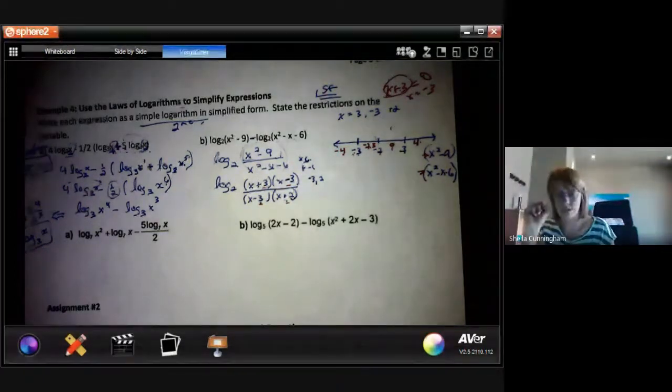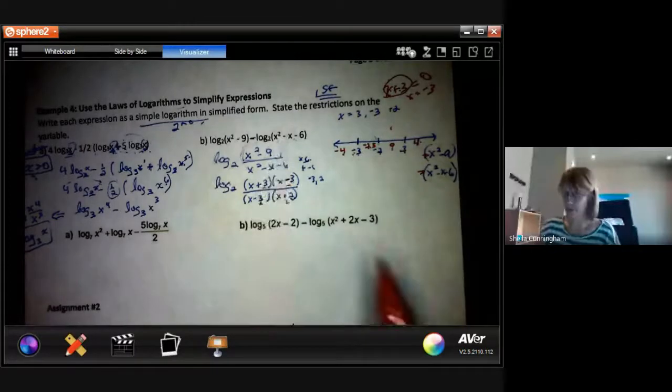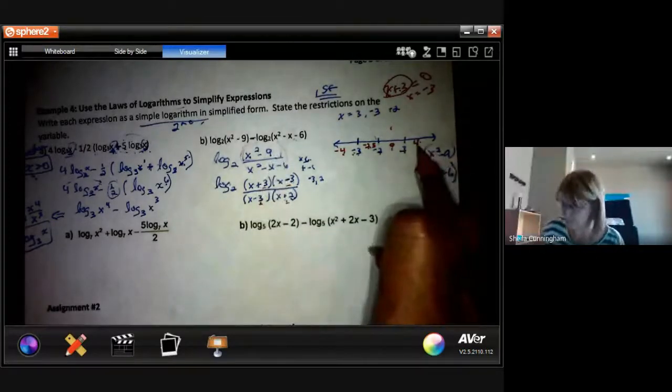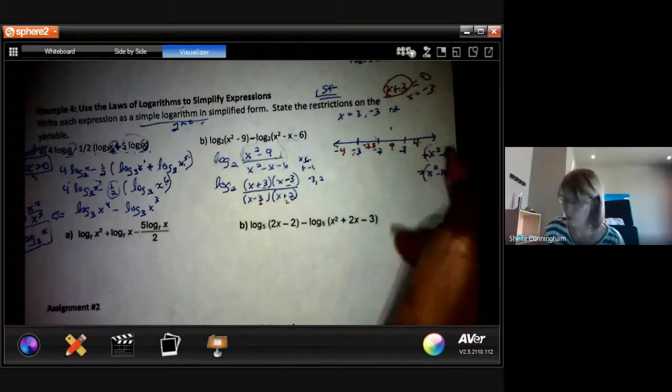So I'm looking for positives, but I'm looking for positives in both sections in order for it to be good for both sections of my logarithm. So if I put a 4 in for x squared, well, 4 squared is going to give me 16, and 16 minus 9 is giving me a +7.